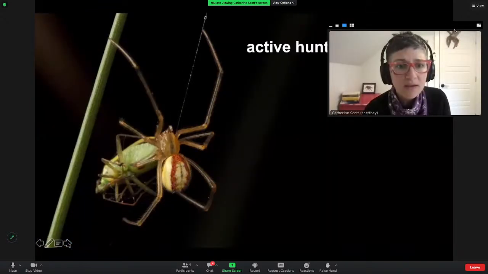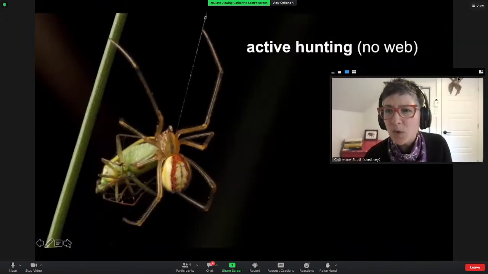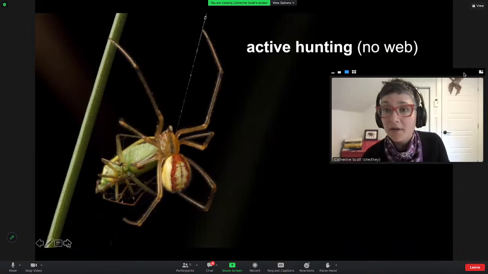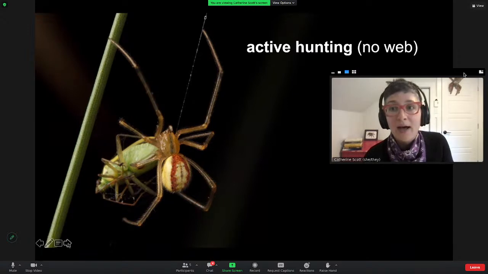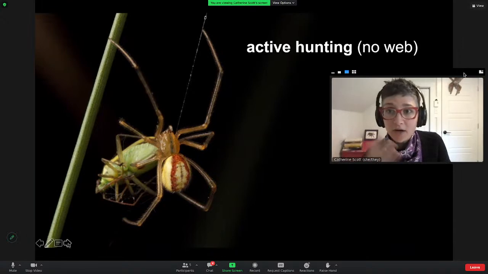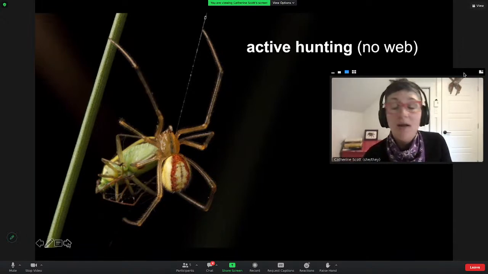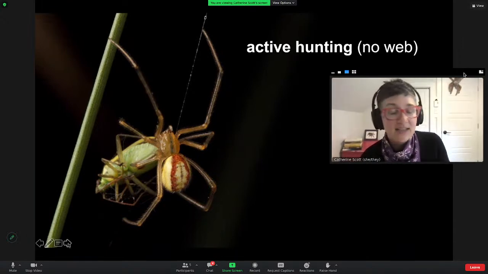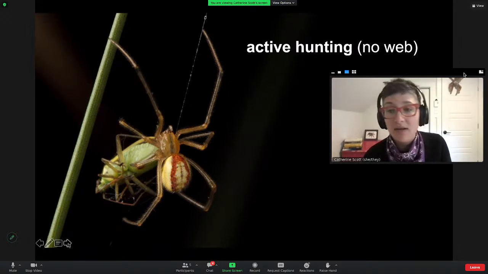And then finally, this one I don't think Bristow mentioned, but other researchers recently published a paper about candy striped spiders, again, hunting not on their own capture web, but just wandering around on vegetation and preying on insects like this bug in this image.